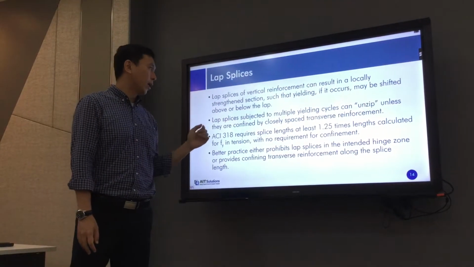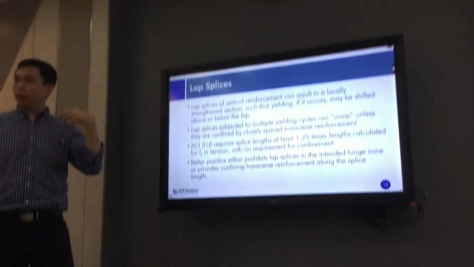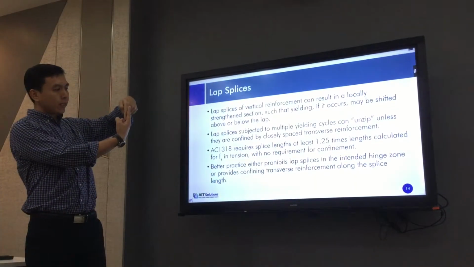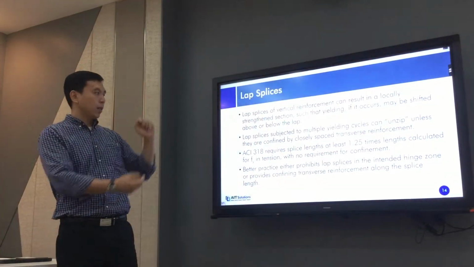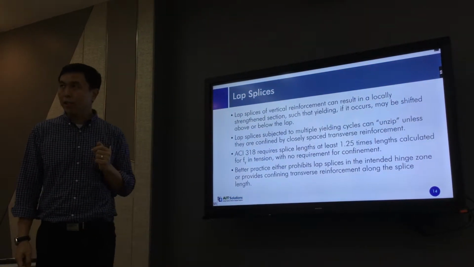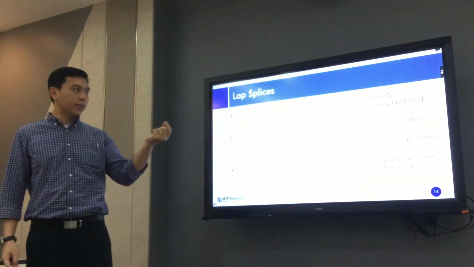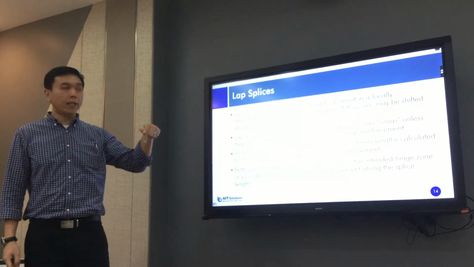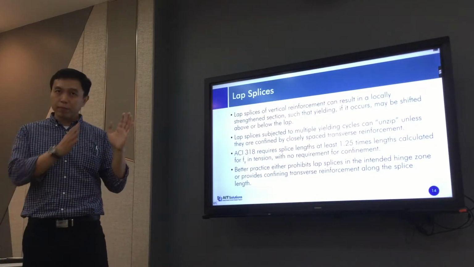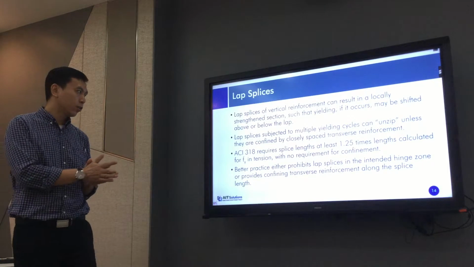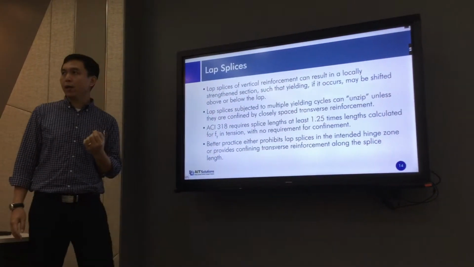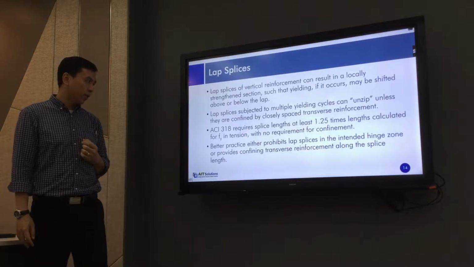And also during multiple large yielding cycles, the lap reinforcement can be unzipped during the ground shaking. In that case, you will see vertical cracks in the shear walls due to the lap splice failure. You have enough moment capacity, but due to the failure of the lap splices, you cannot achieve the design moment capacity.